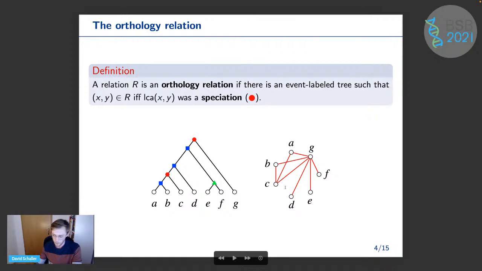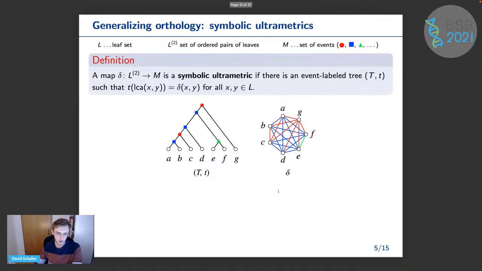So there's still some room for generalization, and this brings us to so-called symbolic ultrametrics. And they are also defined in terms of vertex-labeled gene trees, where we assign to every inner vertex some event from a set M, which contains speciations and so on. And instead of relations, we now consider maps delta that assign to pairs of genes one of these types of events.